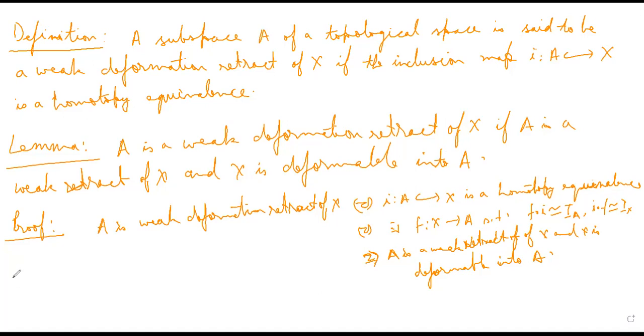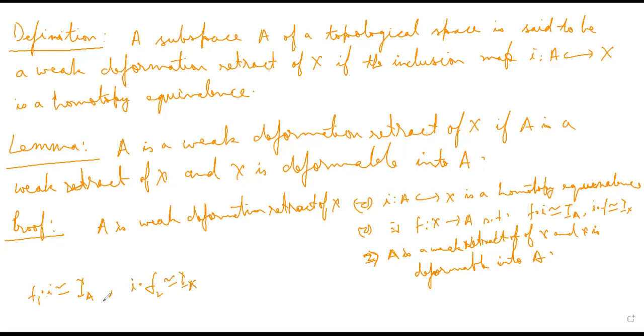Now, if we assume that A is a weak retract of X and X is deformable into A, then what will happen? If A is a weak retract of X, then the inclusion map i is going to have a left homotopy inverse. If X is deformable into A, this is equivalent to the inclusion map having a right homotopy inverse.